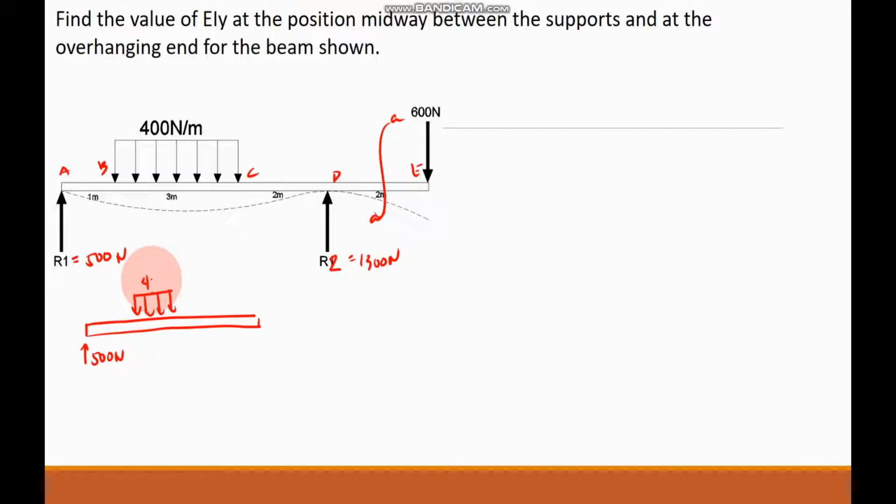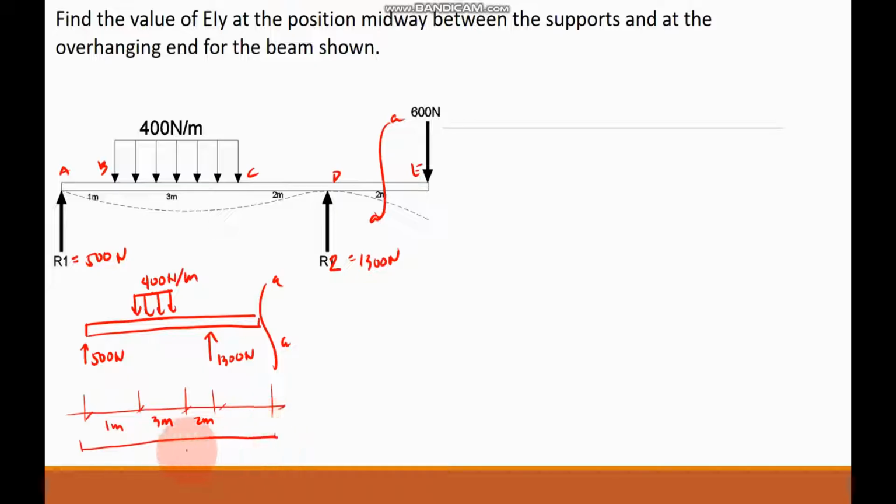This is 400 Newton per meter. We have here 1,300. And this is our A. So we have here 1 meter. So this would be the distances. So 1 meter, 3 meters, 2 meters, and the whole of this is x, diba? So we have x minus 6.